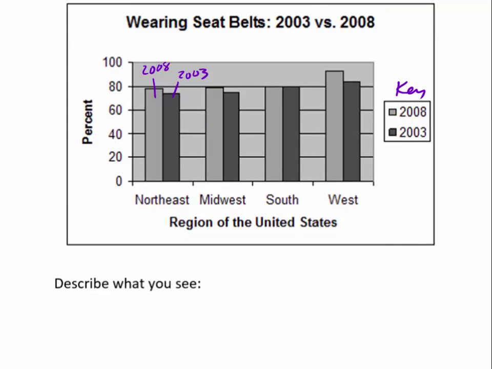I want you guys to go ahead and take a minute here to describe the trend. What's the pattern here overall? So one thing you might write when you're describing what you see is who has the highest percentage.